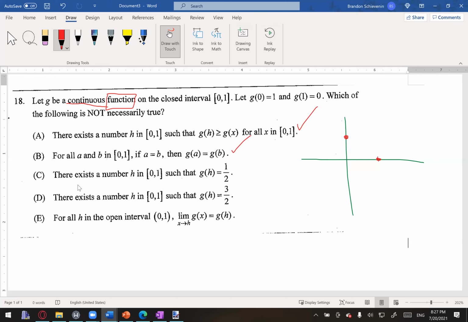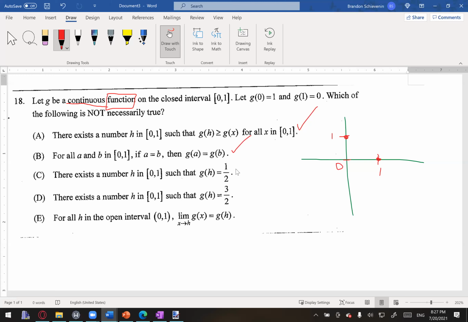There exists a number h such that the y value is 1/2 between x equals 0 and x equals 1. Let me draw the y values on here. This was y equals 1, this was y equals 0, this was x equals 1. Is this true or false? It can be true because it's in 1/2, but does it have to be true?